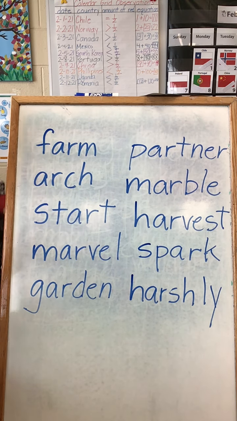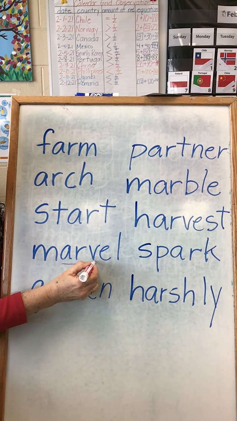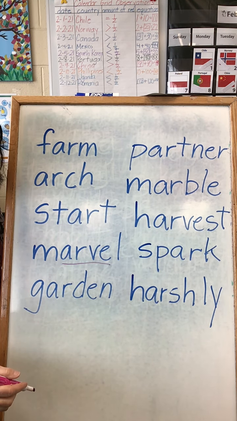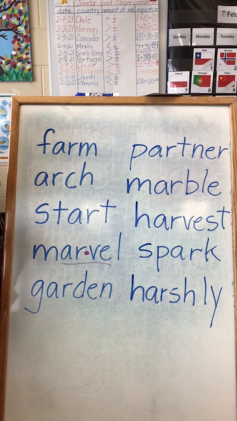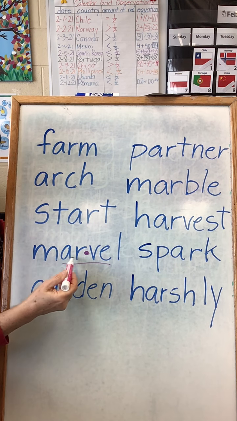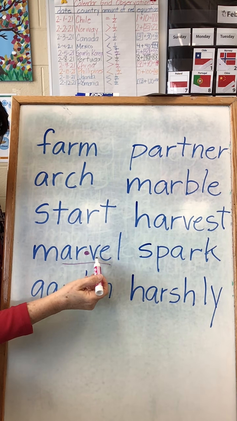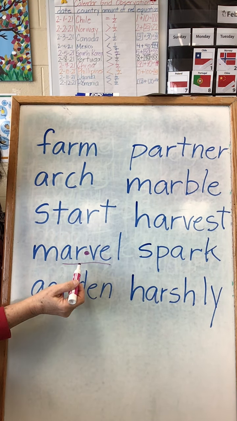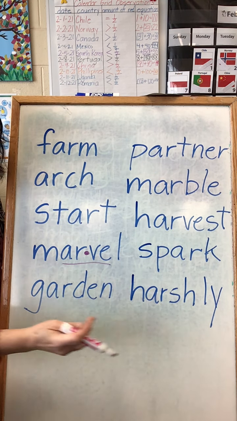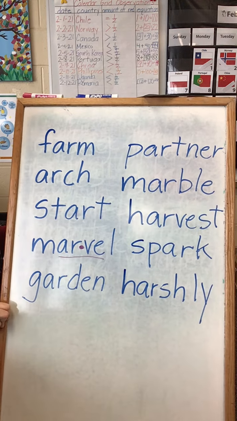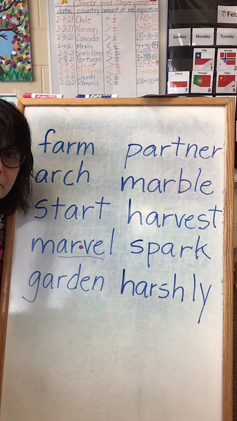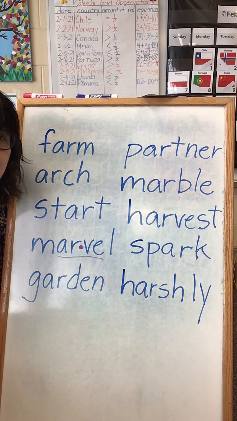Let me mark it. Vowel, consonant, consonant, vowel. Okay? And then remember, you would put your syllable dot right here in the middle. So you would have mar, and then vel. Marvel, marvel.